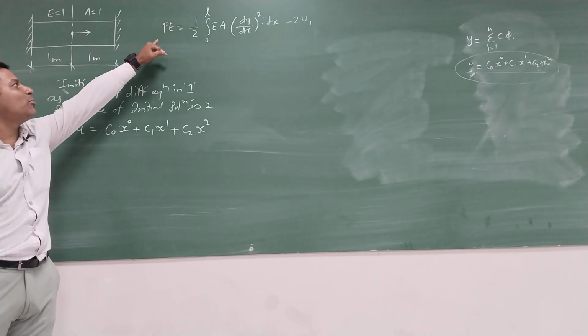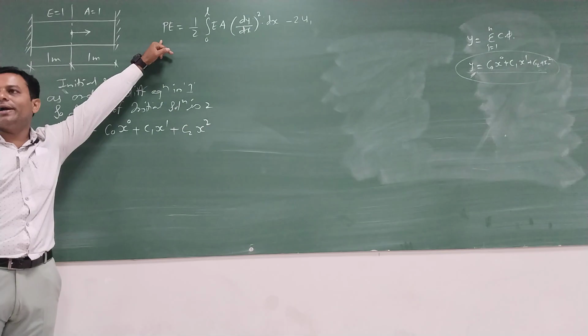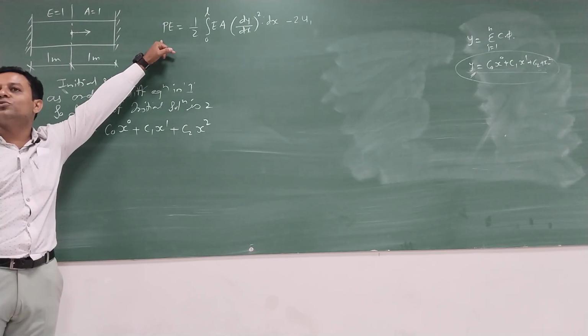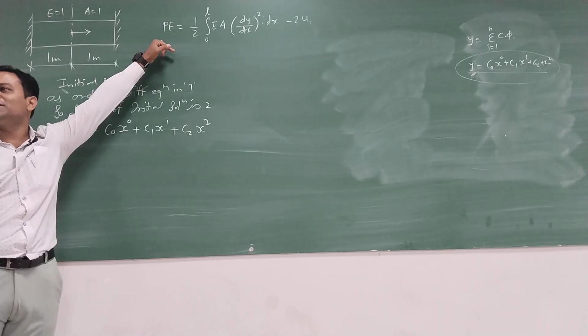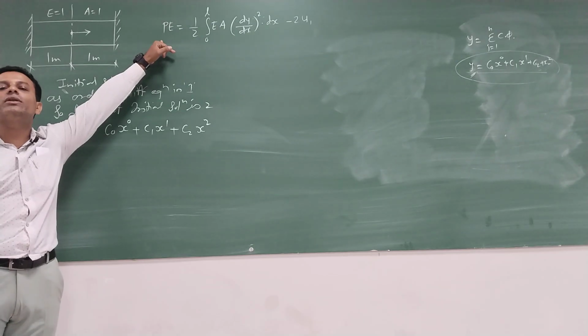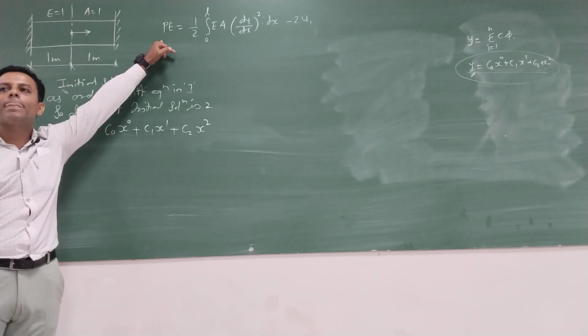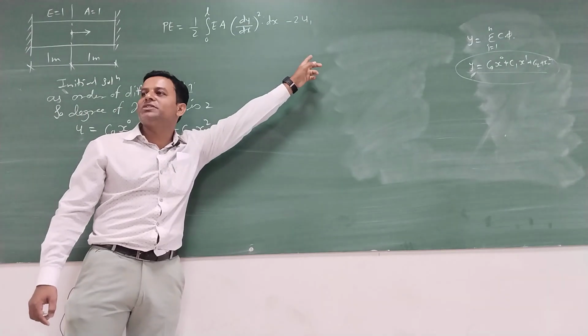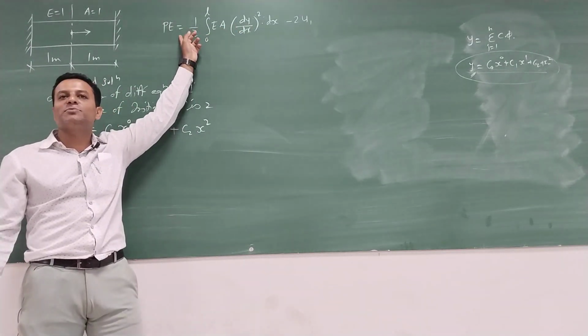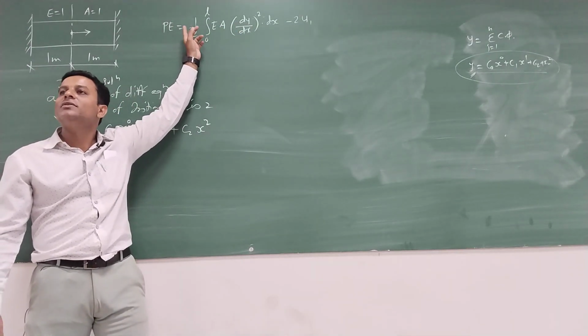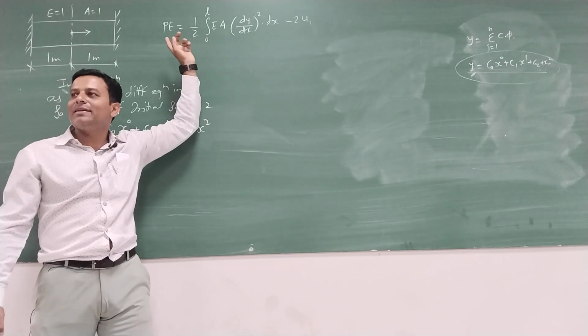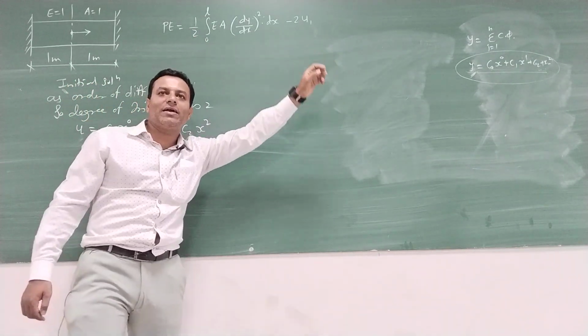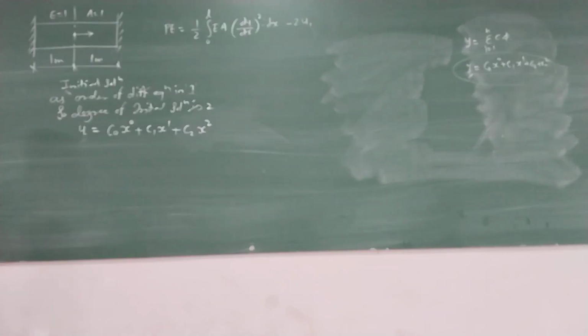This is the potential energy, and as they have provided it, we will use the minimum potential energy approach. What is the minimum potential energy approach? After getting the potential energy, differentiate it and put it equal to 0. You will get the optimum value. By using that approach, we are going to solve.